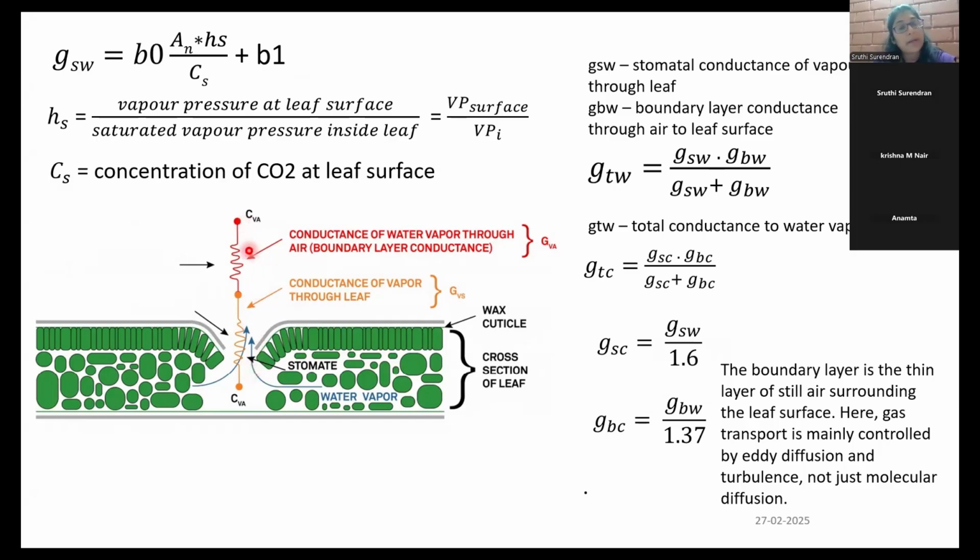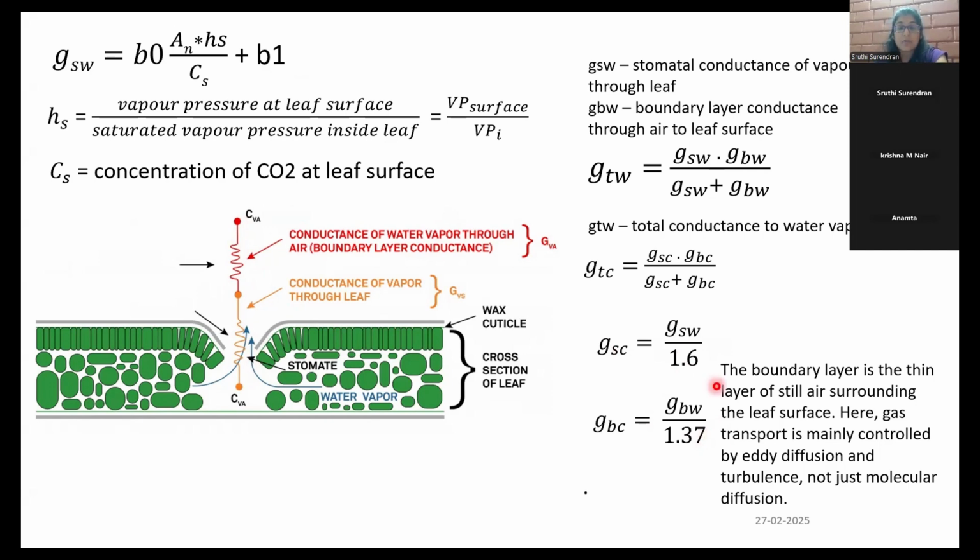But when you go into the upper layers, which is mostly the boundary layer, there will be some eddy diffusion and turbulent activities also. So those forces also have to be taken into consideration. And after all of that, the diffusivity coefficient that we are getting is 1.37.